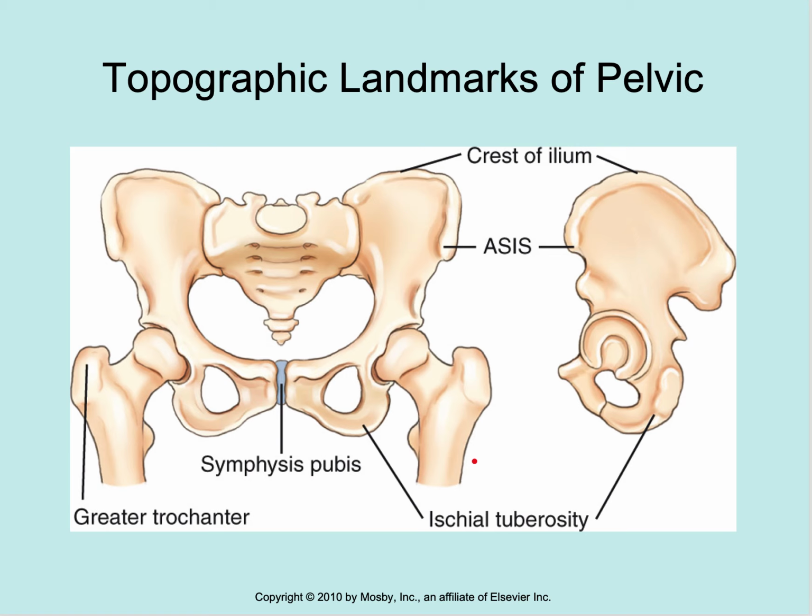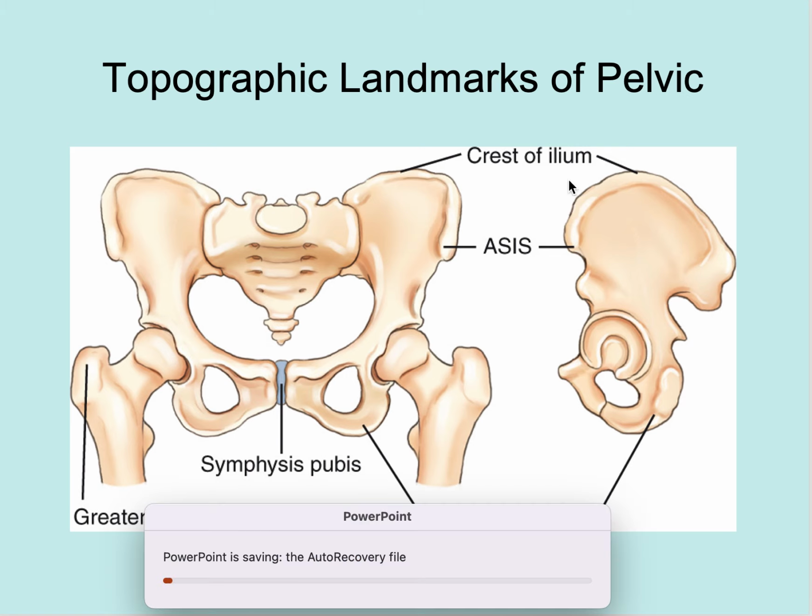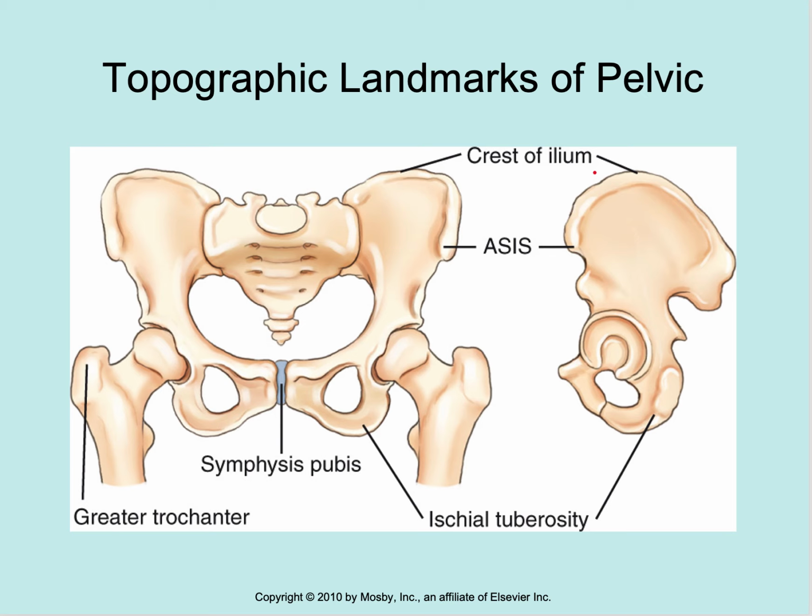Topographical landmarks on this image here, we have the iliac crests. So our iliac crests, we have our ASIS, we have the symphysis pubis, we have the greater trochanter, and we have the ischial tuberosity.